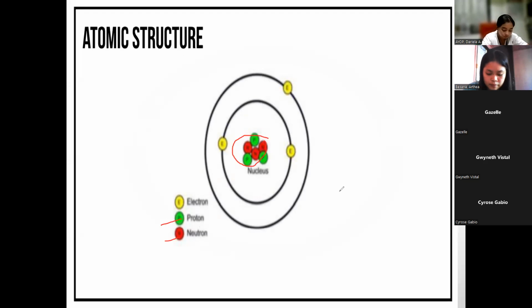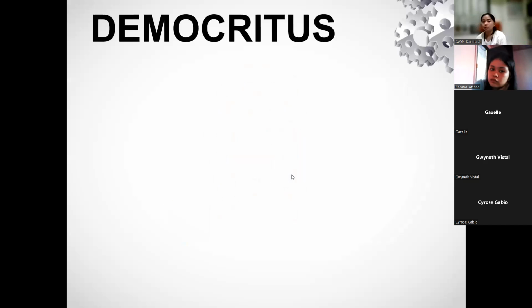And surrounding the nucleus are orbitals where we get to see our electrons. Okay, so surrounding our nucleus, we have the electron cloud. We have the orbitals. And then there is the high possibility of locating the electrons. Okay, so this is our atomic structure. Ito yung ating basic unit of matter.